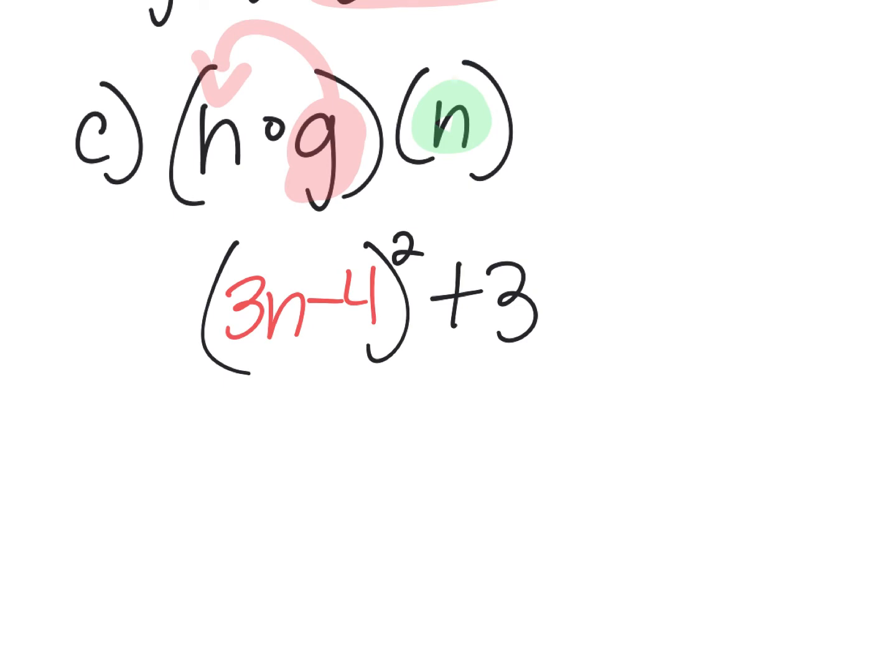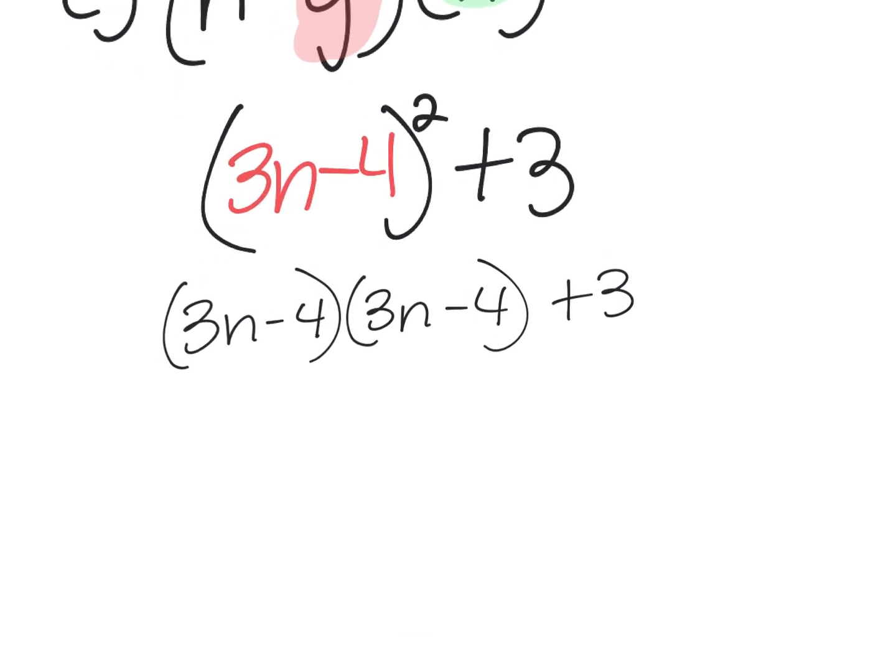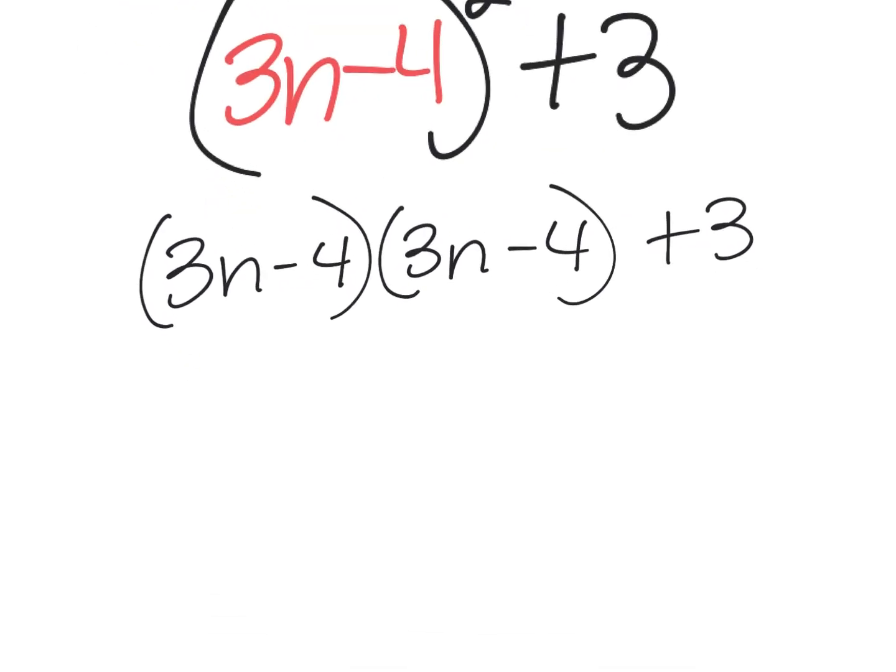Since this is a binomial, we're going to have to rewrite this as 3n minus 4 times 3n minus 4. And then bring down that plus 3. And the only reason I did that is because it's a binomial. I can't just square it straight up as we normally would. Okay, now let's go ahead and keep going.